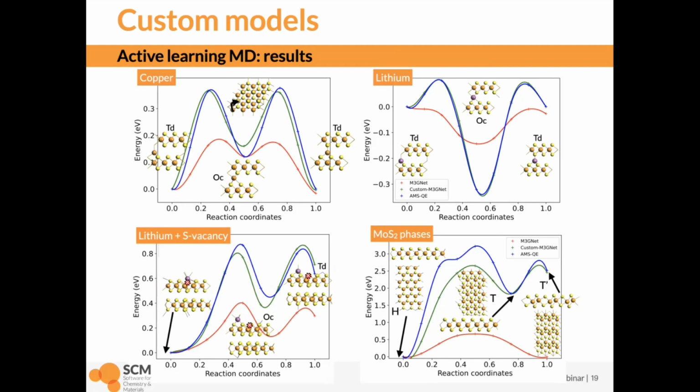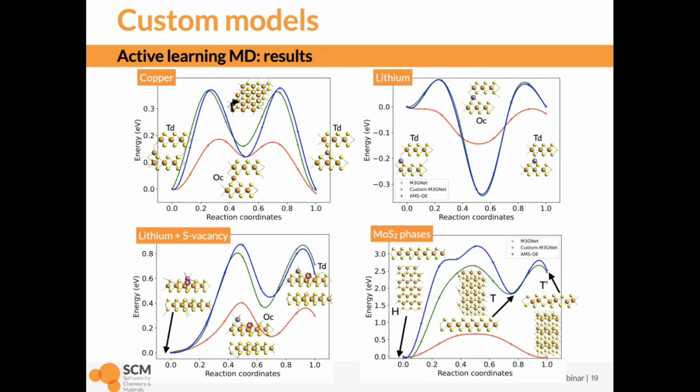So I'm showing, in red, the potential energy surface that corresponds to the migration of the ion or the phase change calculated with M3GNet, with the universal potential. In blue is the reference calculation, calculated with DFT. And in green is after the active learning workflow has been applied. Here, to make the ion migrate during the molecular dynamics simulation, I used the reaction boost that I mentioned before.